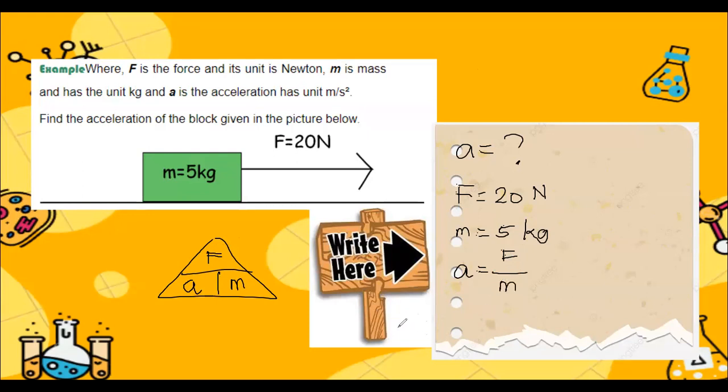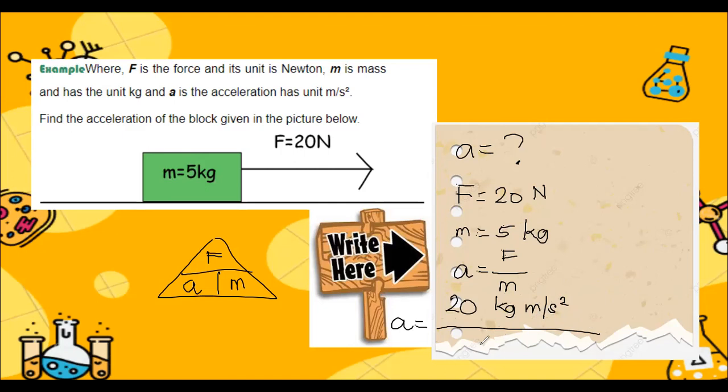Now, let us substitute. For force, we have 20 newtons. We need to use the other unit so that we can cancel out the same units. Don't be confused, because kilogram meter per second squared is also newtons, an equivalent unit for newton.